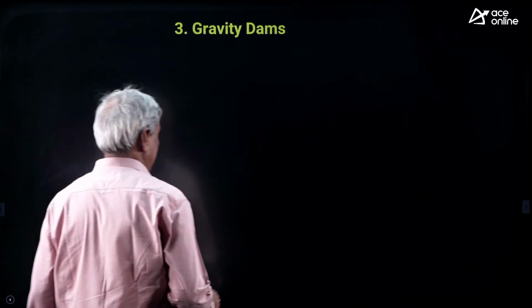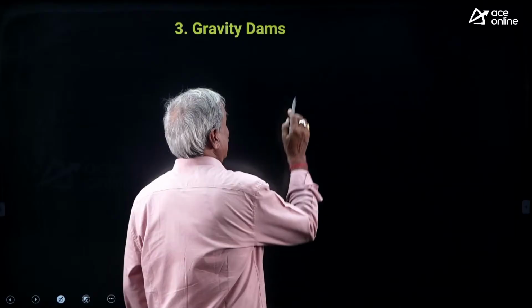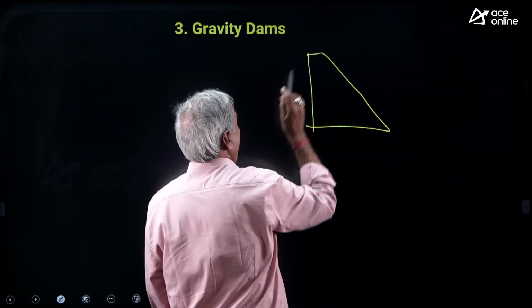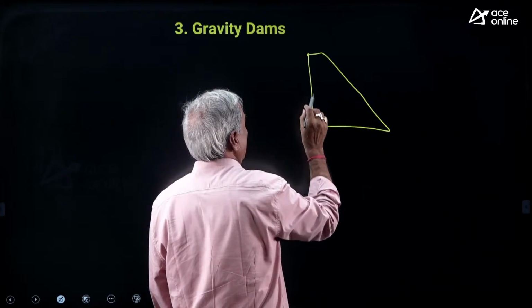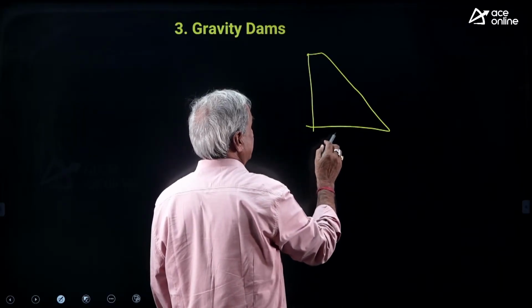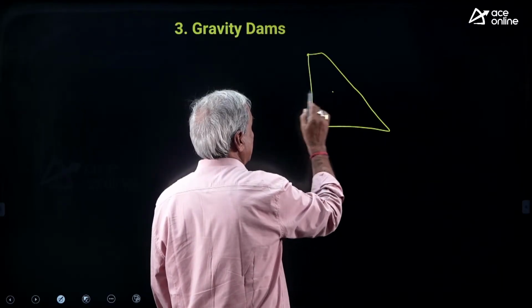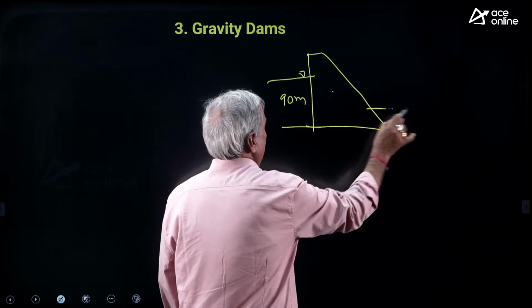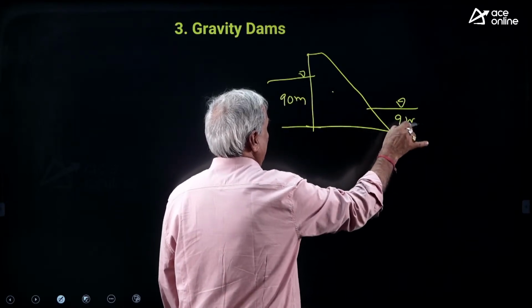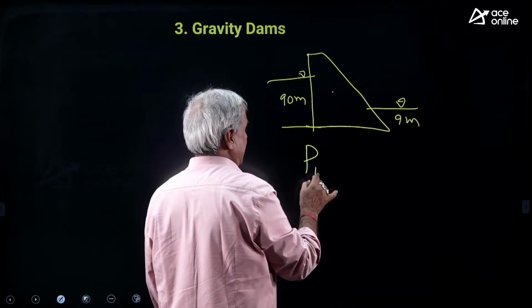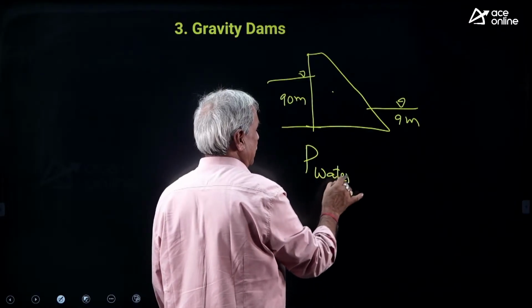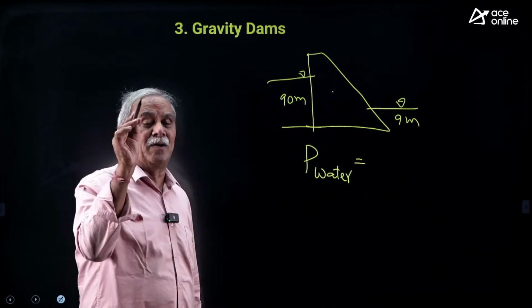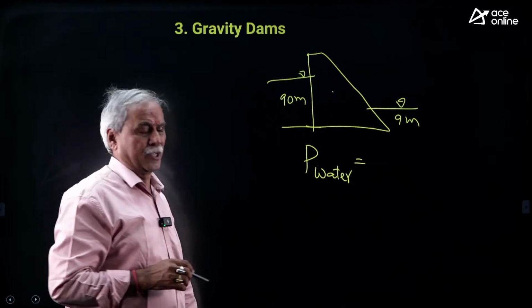In gravity dams generally, a question may be given. Upstream side we got 90 meter, downstream side we got 9 meter. What is the resultant water pressure can be asked. As a common standard value, you can take gamma water as 10 kilonewton per meter cube.